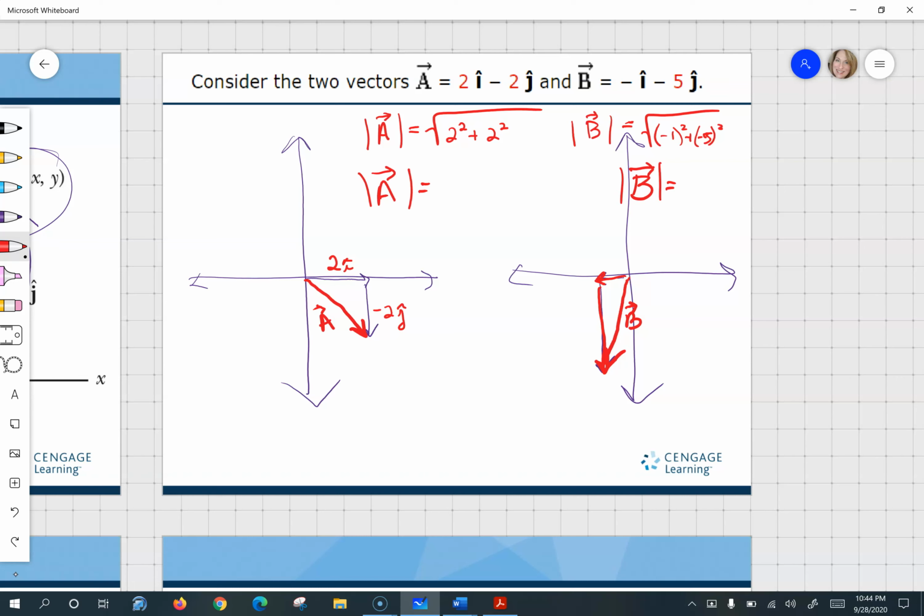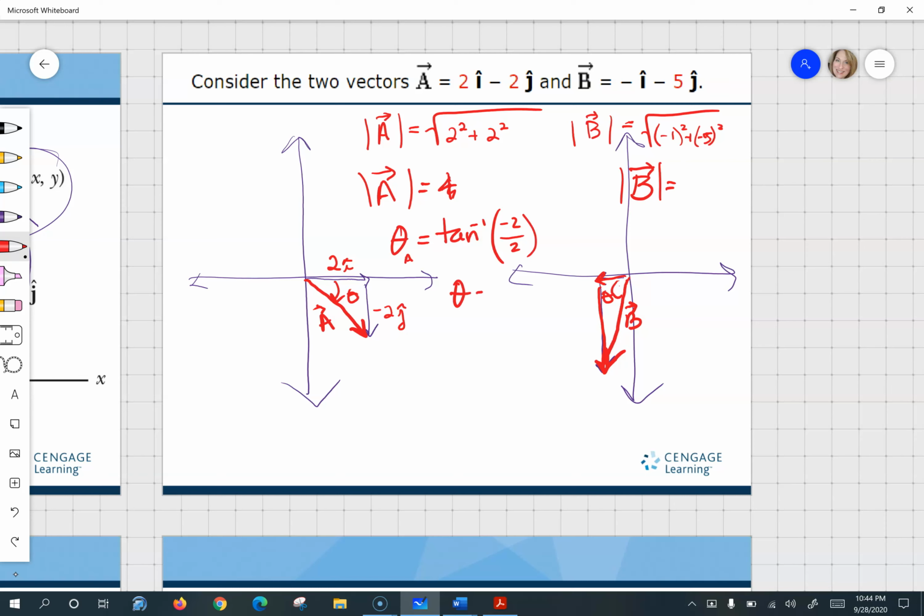And you could find the angle. Here's the inverse tangent of negative 2 over 2.